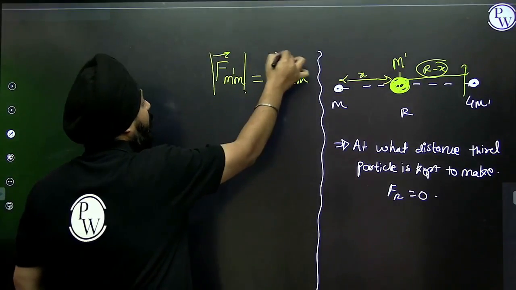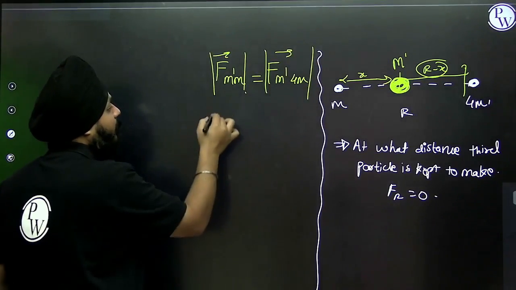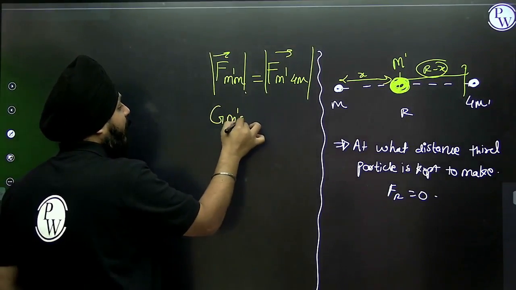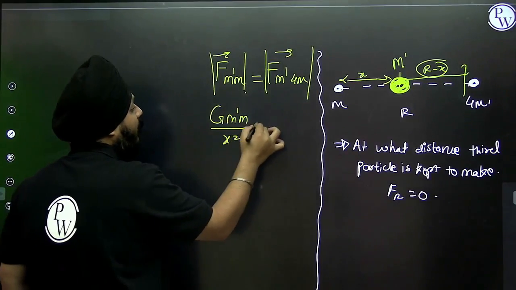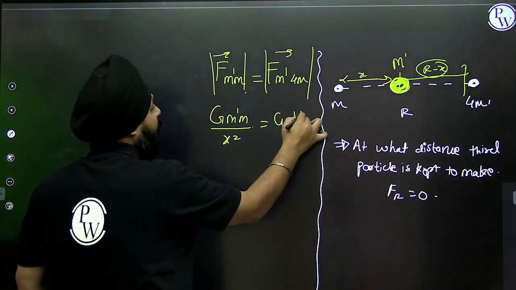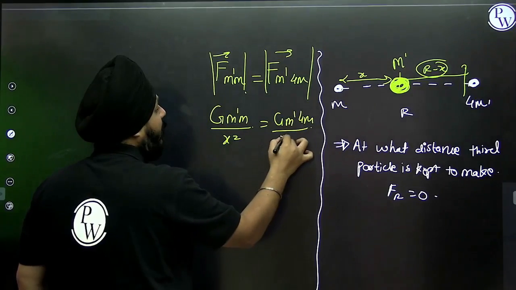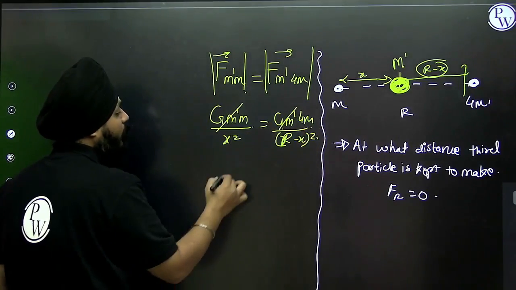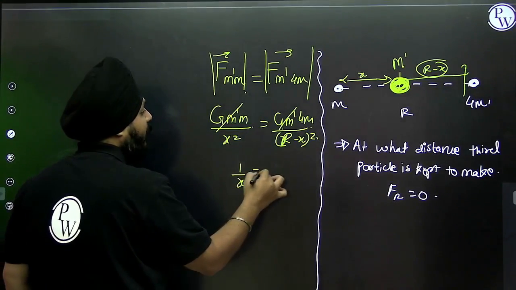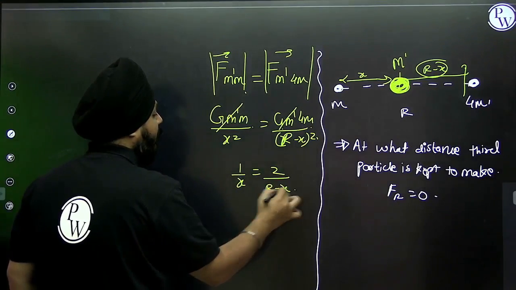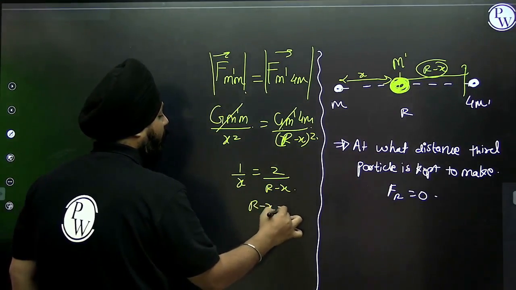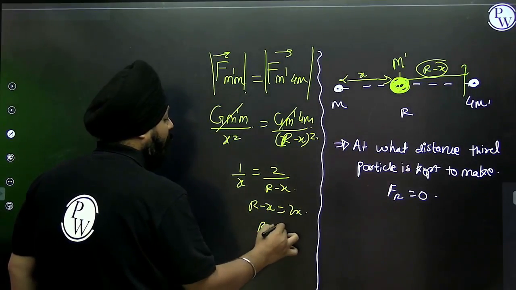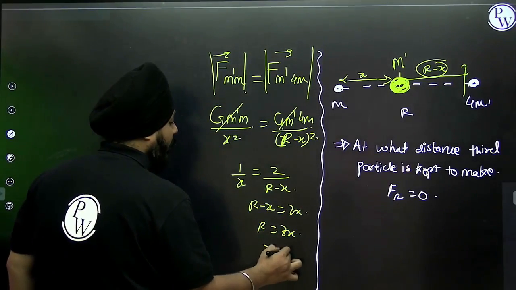In terms of vectors, I can write this expression this way. G m dash m whole divided by x square is G m dash 4m whole divided by r minus x whole square. So G m dash is going to get cancelled. 1 by x is equal to 2 by r minus x, so r minus x is equal to 2x, r is equal to 3x, x is equal to r by 3.